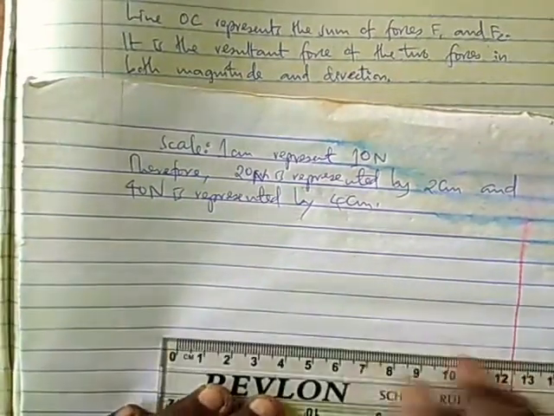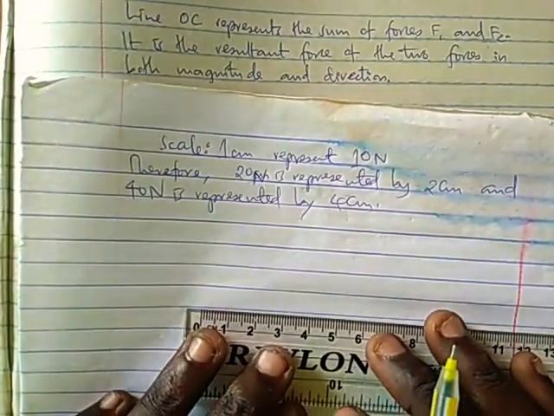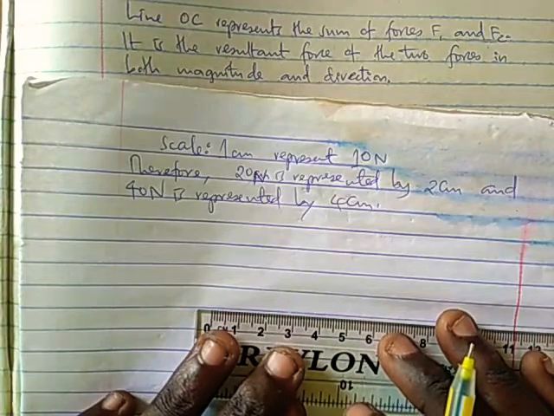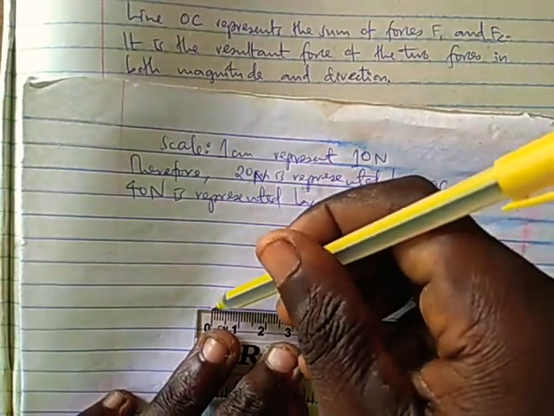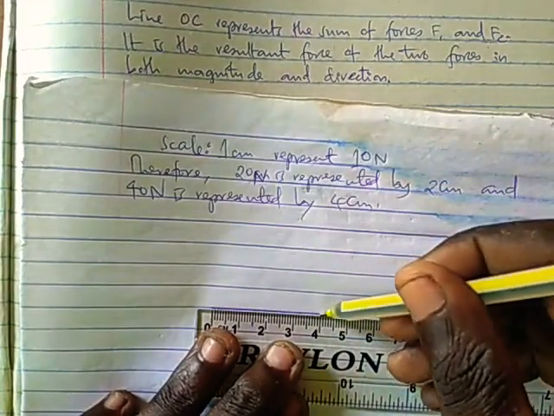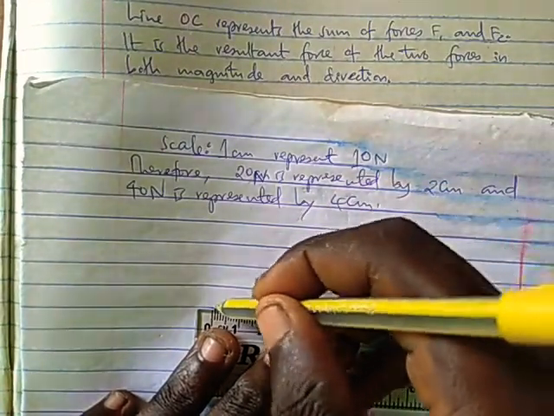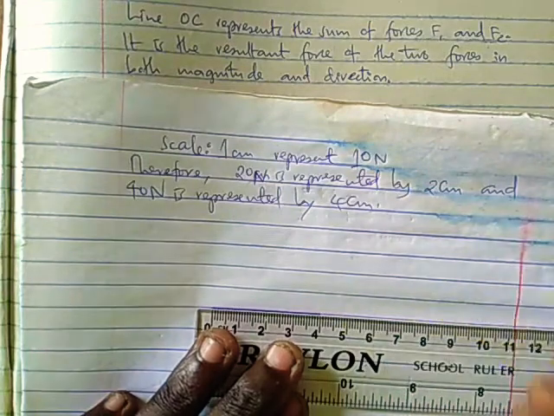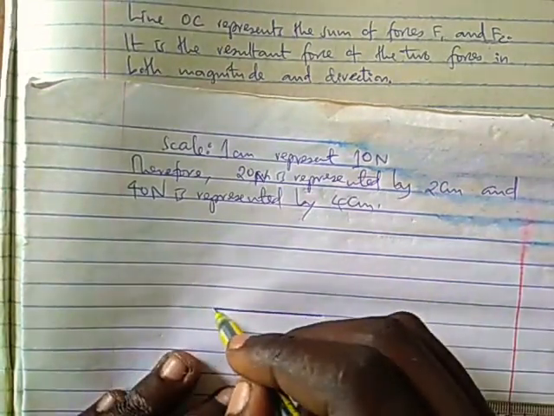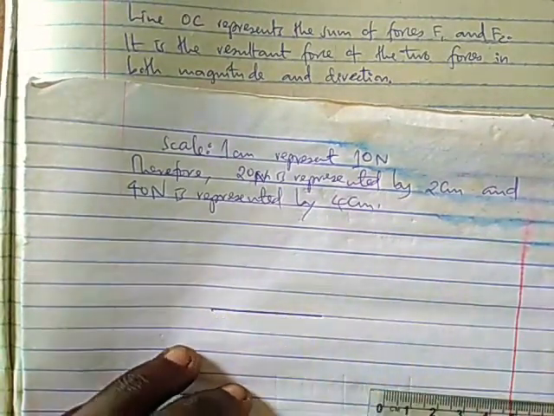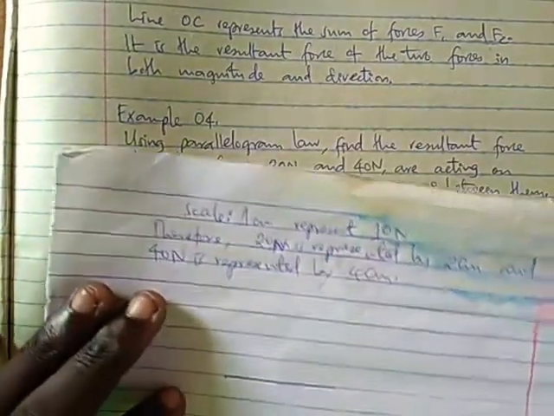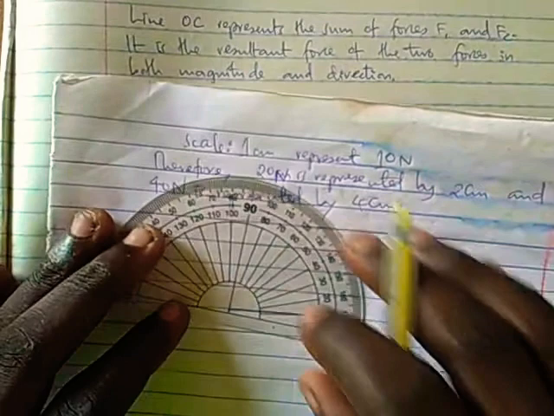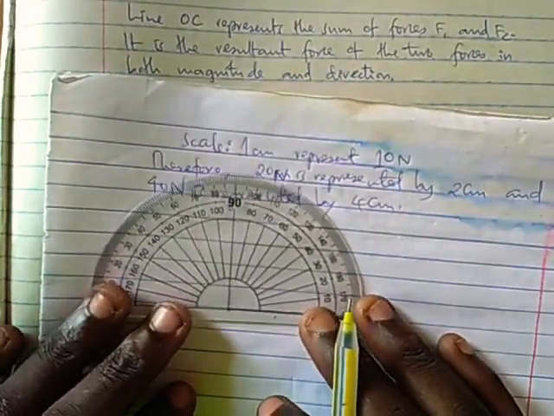Hakuna sequence maalum inatakiwa izingatiwe hapo. Kwa hiyo naweza nikaanza na vector yangu ya 4 cm na nikaichora hii vector. So from 0 to 4 cm. Ikawa hivyo. And from there nikaweka protractor na nikapima angle between them, ambayo niliambiwa angle ni 45 between them.